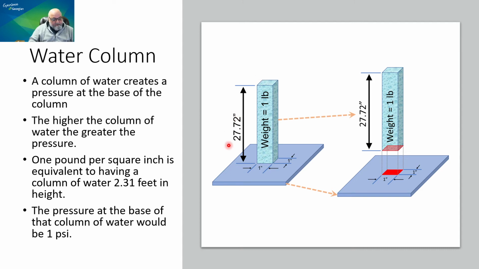And we found that it is 27.72 inches. All right? That's the magic number that you need to remember. I don't like asking people to remember numbers, but in this case, you will need to remember.